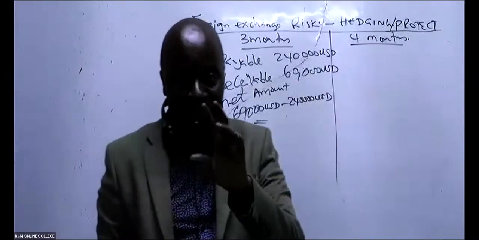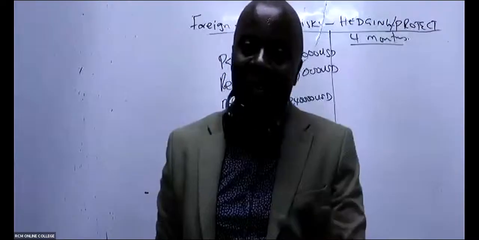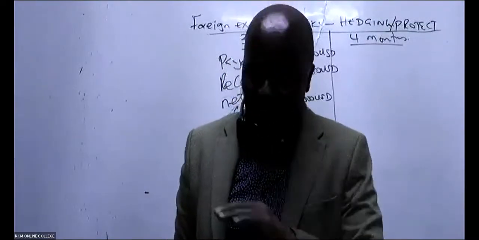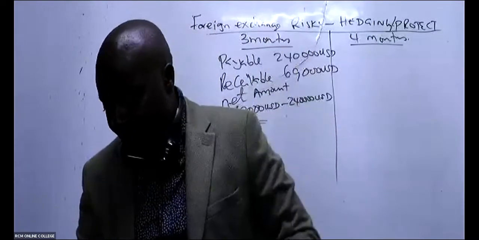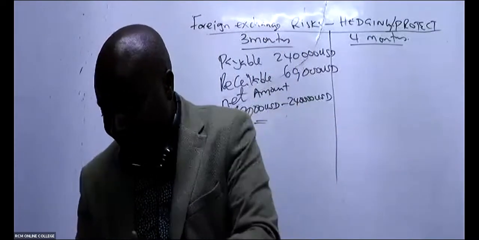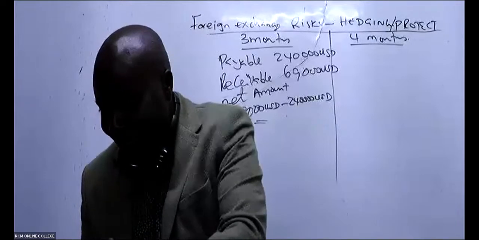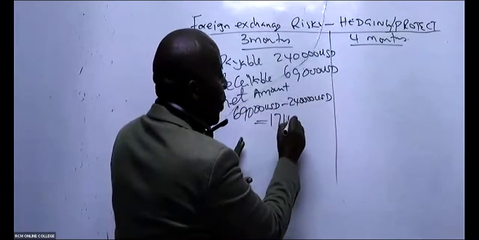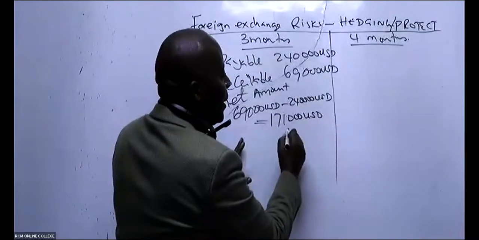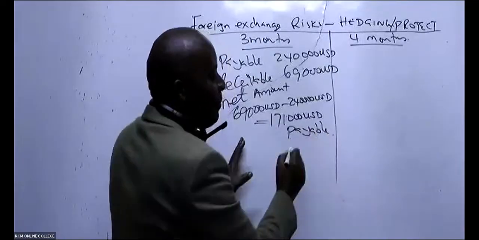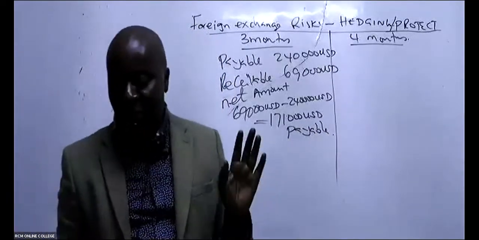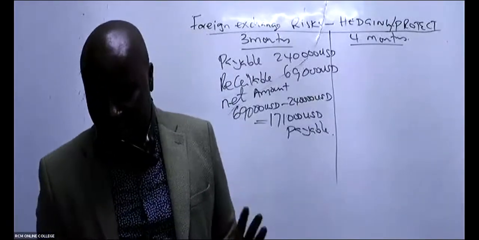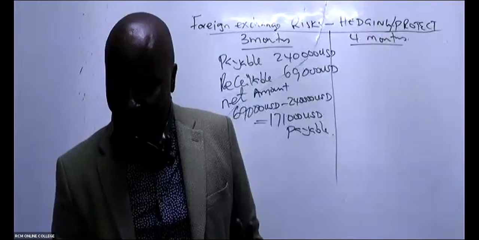If you forget to net, you get a 0 in the entire question. A 0 means I teach you in the same paper next semester. That is bad. I want to teach you in BDA. So that gives us 171,000, and it's negative. If it's negative, it means it's a net payable.